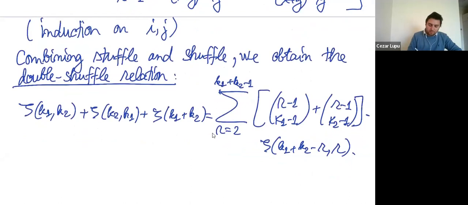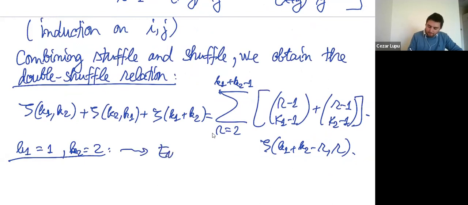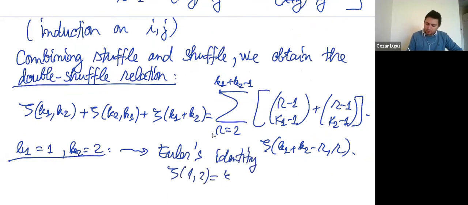By taking k1 to be 1 and k2 to be 2, you get exactly Euler's identity again. If you plug it in directly, you get zeta of 2, 1 plus zeta of 3 equals zeta of 1, 2. But zeta of 2, 1, since it's divergent, we'll take it out. So we regularize it, and then we end up with Euler's identity.